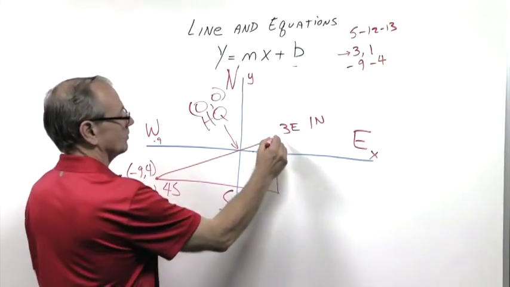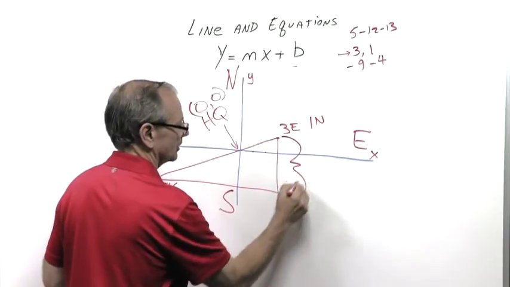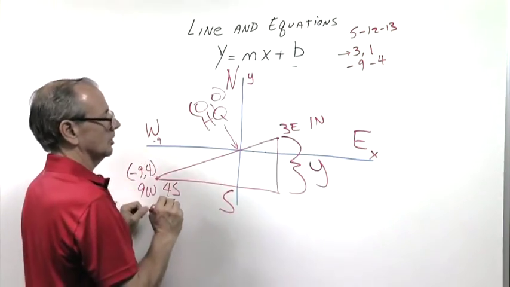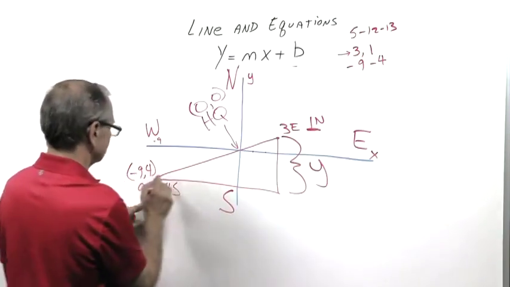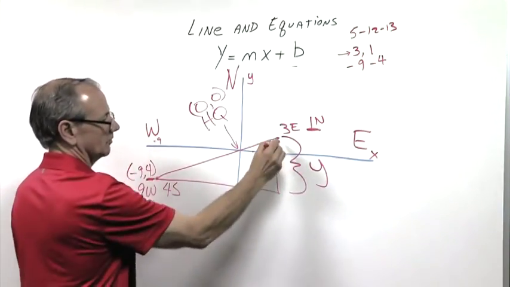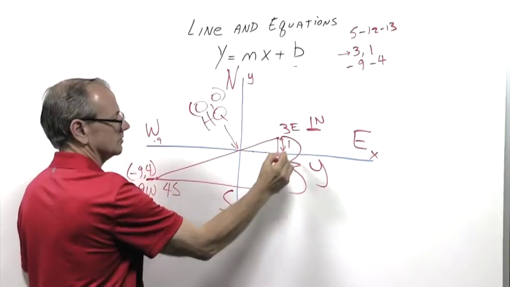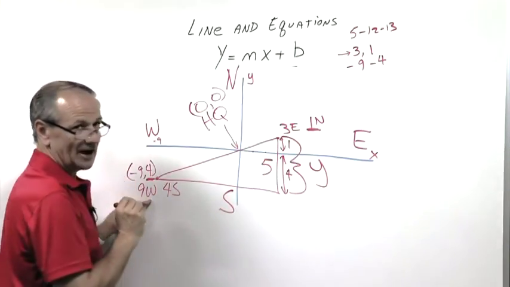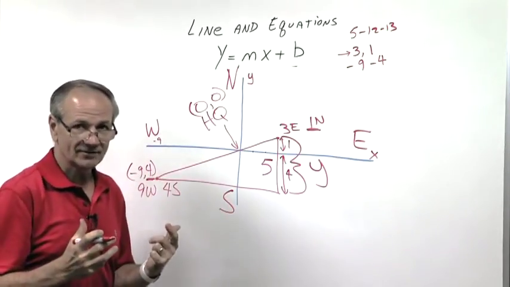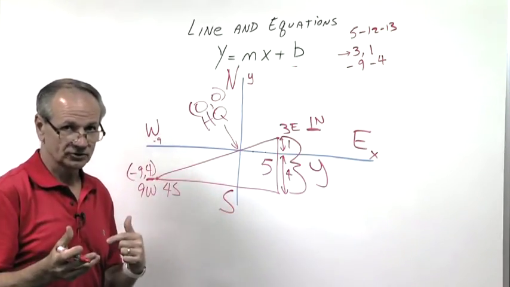And I say that on my y values, this part right here is my y values. On my y values, I went from 1 north to 4 south. That's 1 getting to here, and 4 to here makes this distance of 5. Now, as soon as I see a 5, I start thinking 3, 4, 5, or 5, 12, 13.